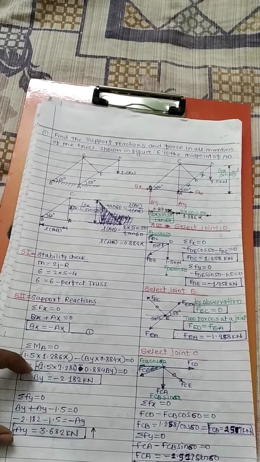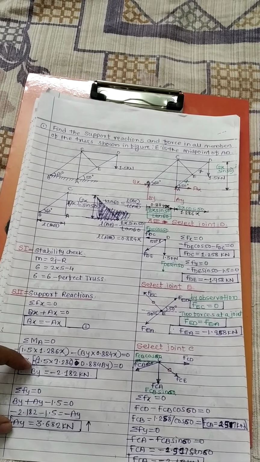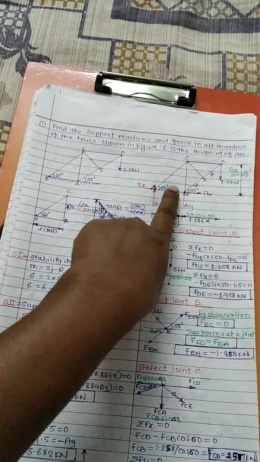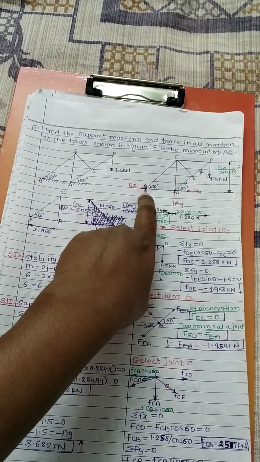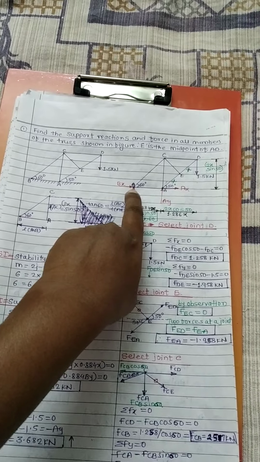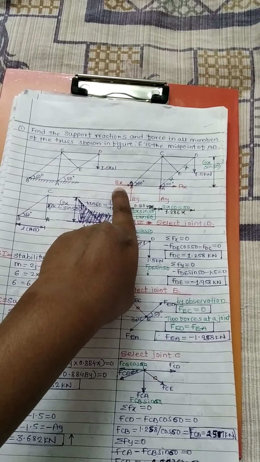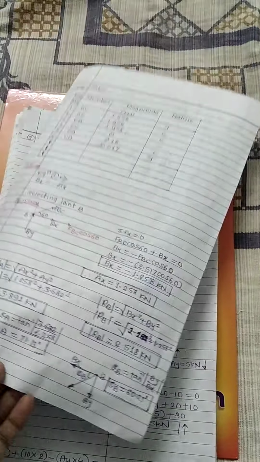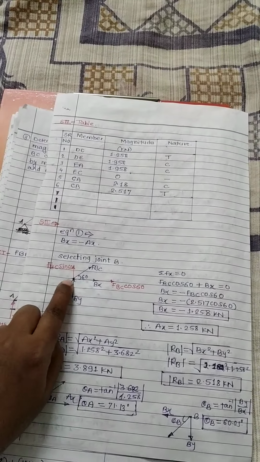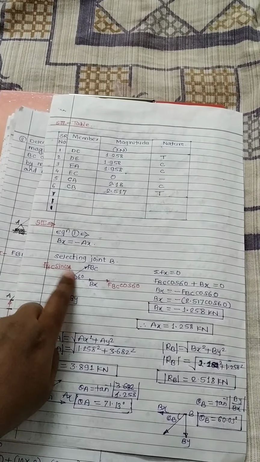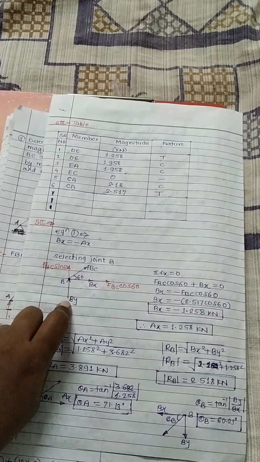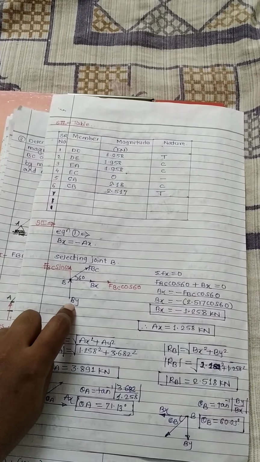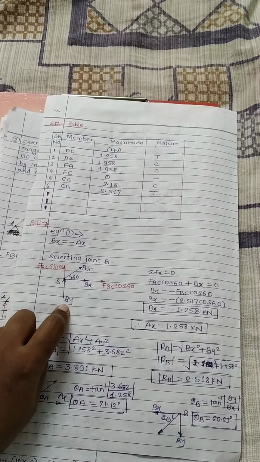As I found By and Ay, I can find Bx at point B, because I know BC or CB in magnitude and nature. So we can find Bx by selecting joint B. I have selected point B and drawn the free body diagram of this joint B. FBC with its two components, and Bx is along the x direction, By upward. I have taken this as upward only because I have to use this By with a minus sign.